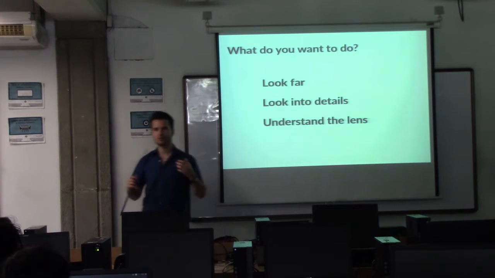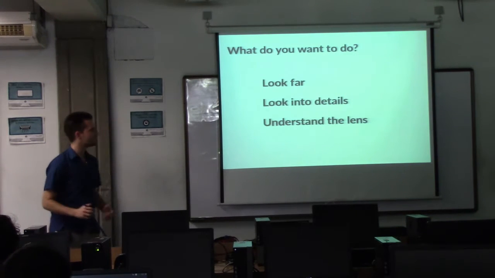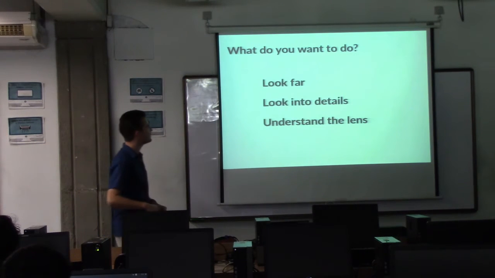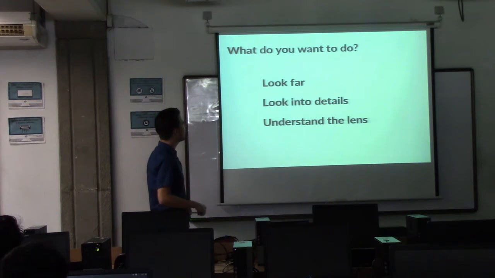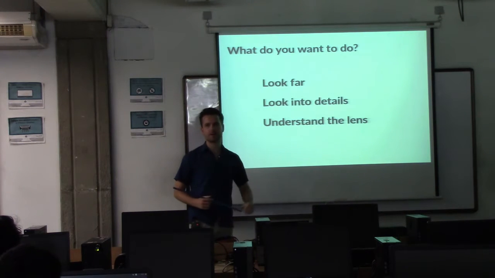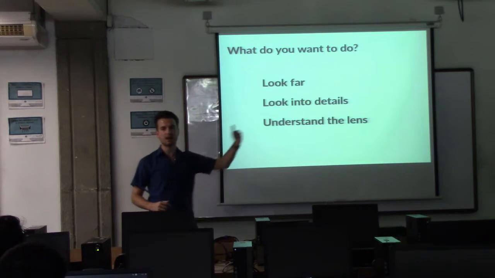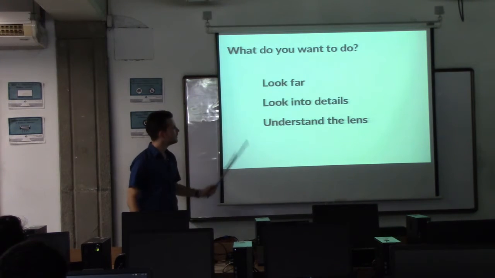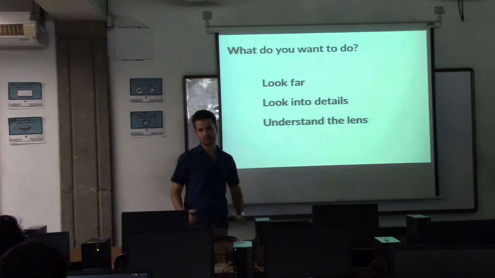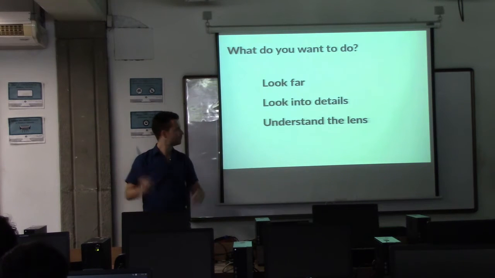So why do we care about gravitational lensing, apart from the tests of general relativity, where we did one? They are good for looking far because they brighten up very distant galaxies. They allow you to look into details of these galaxies because they make them larger.